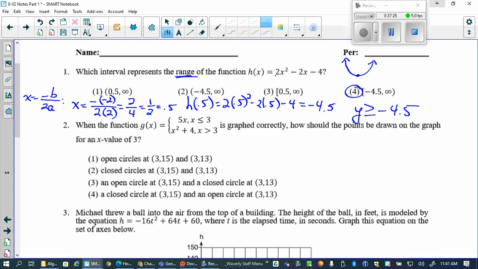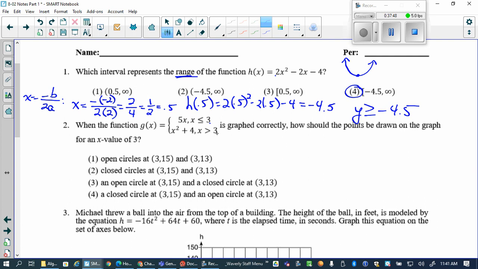Let's try it a different way without the calculator. Okay. So where's the point that's going to have either open or closed circle? What value of x? So at 3, right? For which one of these will have the closed circle, the top or bottom? And you see the choices here.